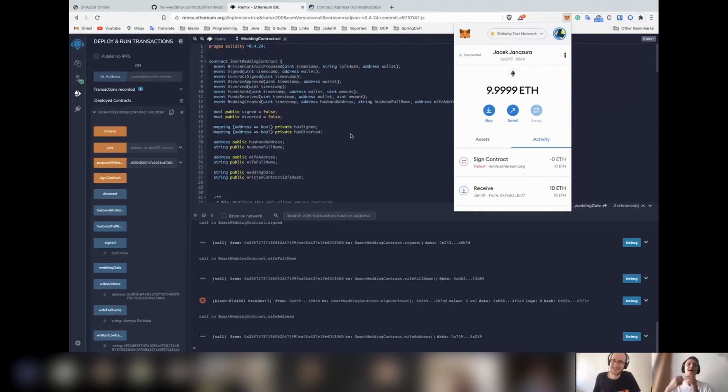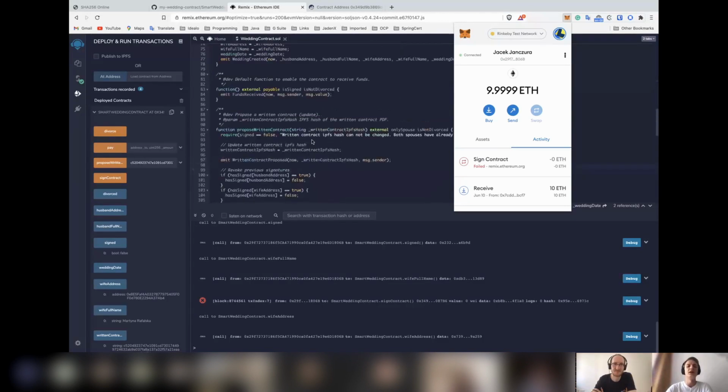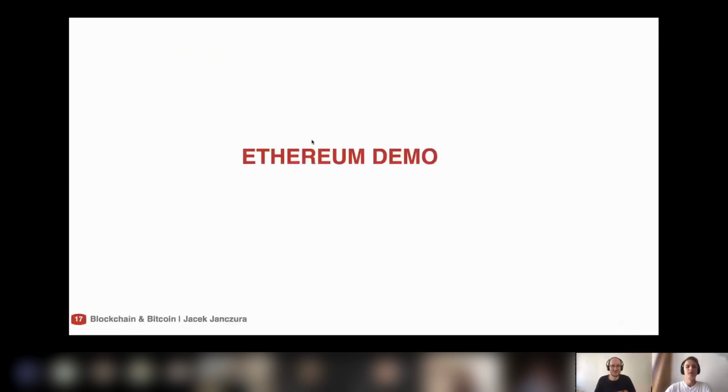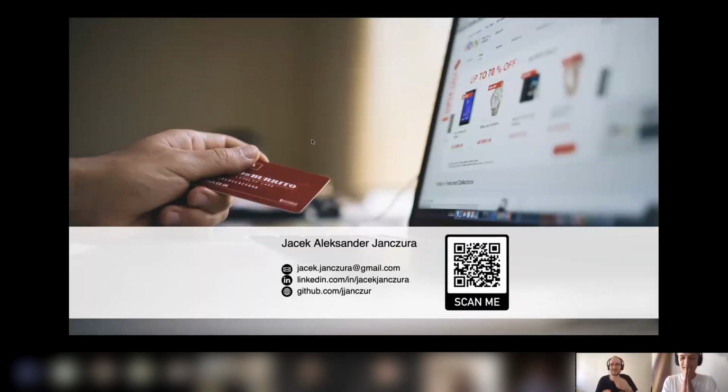Gas is like the gasoline in a car, and you can send some gas, which is part of Ethereum, and it's a fraction of computational power to trigger that transaction or to trigger some for loop. So the more complicated your transaction is, the more complicated functions are in your contract, the more computational power it requires. So the higher fee you need to execute the transaction. Okay. So thank you very much, and it's time for questions.